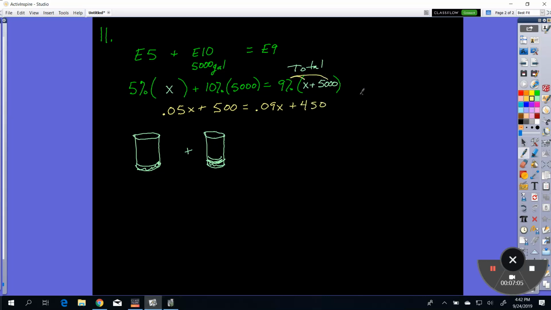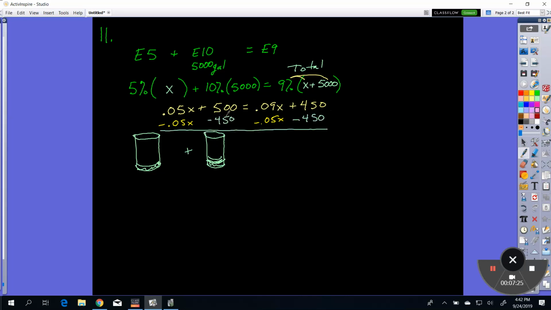So we just distributed that. Now we're going to work this out. I'm going to get the x's on one side, so I subtract 0.05x from the left. I do the same to the right. And I am going to subtract 450 from each side.